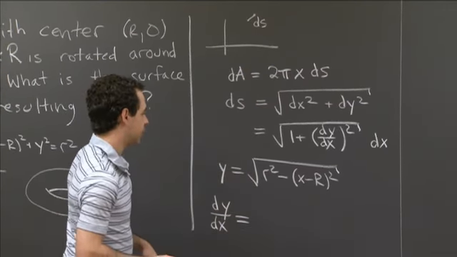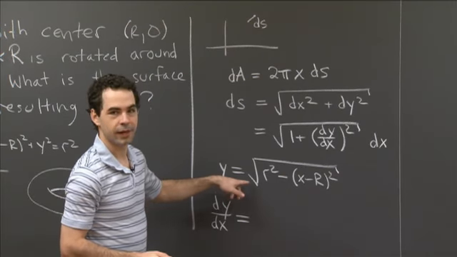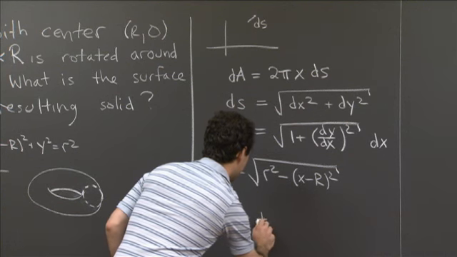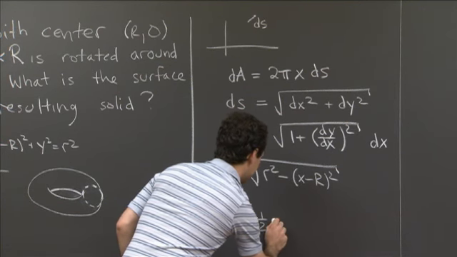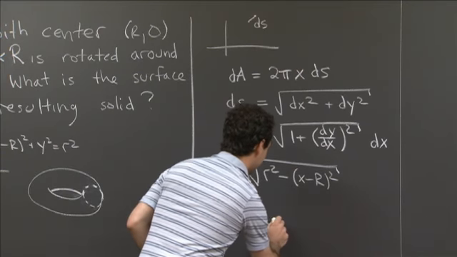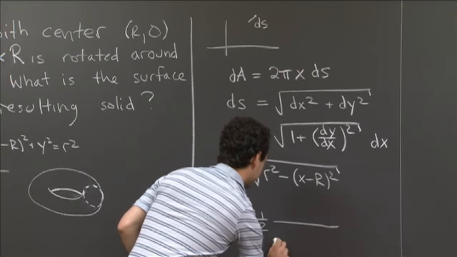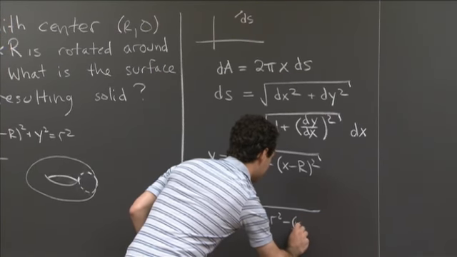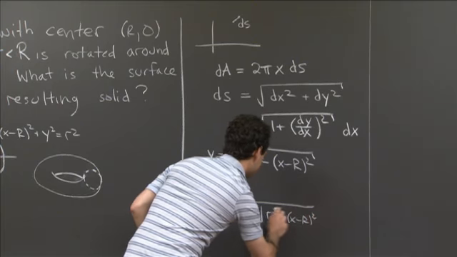All right, so now we have to do our chain rule. We've got a 1/2 power, so this is 1/2 times the inside to the minus 1/2, so over the square root of r squared minus (x minus R) squared.